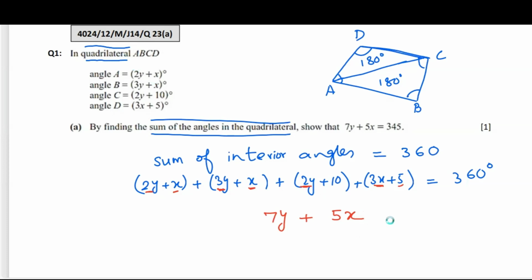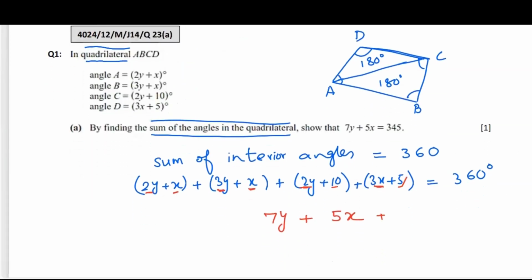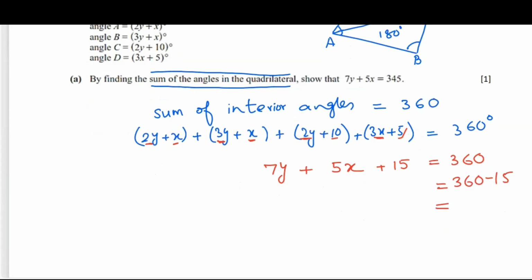So here 15 is equal to 360 degrees. So 360 minus 15, which is 345. So we can say 7y plus 5x equals 345.